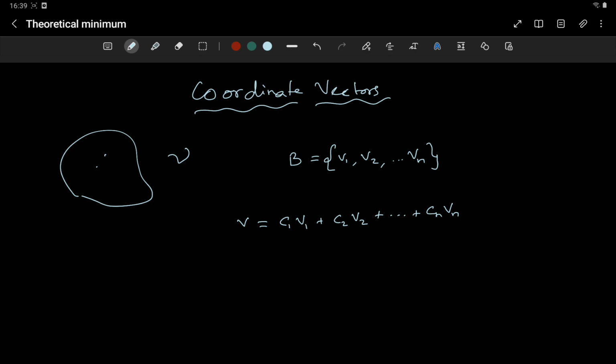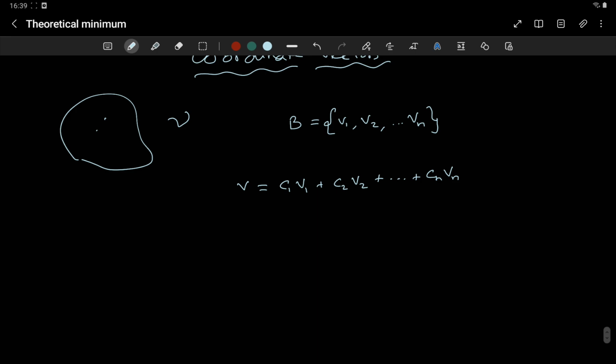Okay, so there is another way we can represent this vector v, as v in the basis B, equal to c1 v1 plus c2 v2.